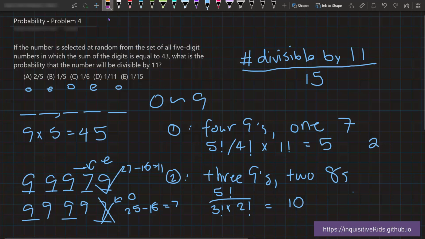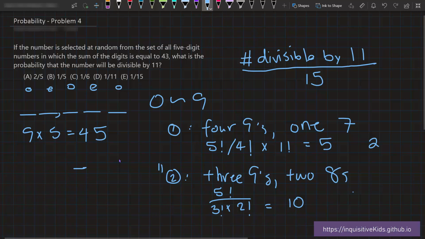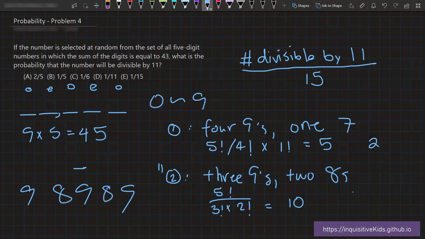Now let's take a look at if there were 3 9s and 2 8s in this 5-digit number. Well, if this was the case, there would only be one possibility. The 9s would have to be in the odd places, and the 2 8s would have to be in the even places. And this will work because 9 plus 9 plus 9 gives us 27. Minus 16, we have 11.